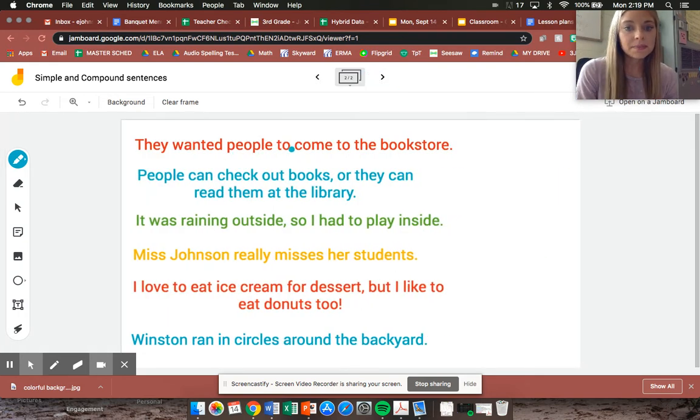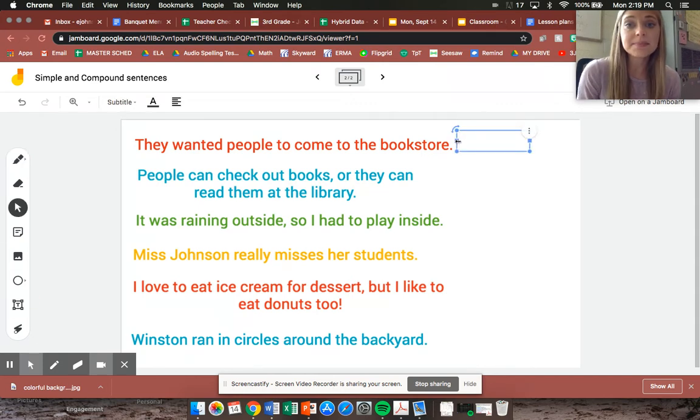They wanted people to come to the bookstore. Is that one thought? Would that be a simple sentence? Or is that going to be a compound sentence, meaning that it has two different thoughts? What do you think? That is a simple sentence. It does not have the words and, or, but, or so.